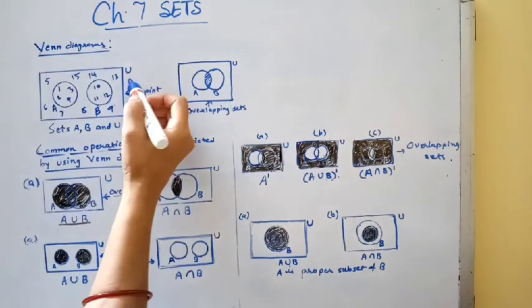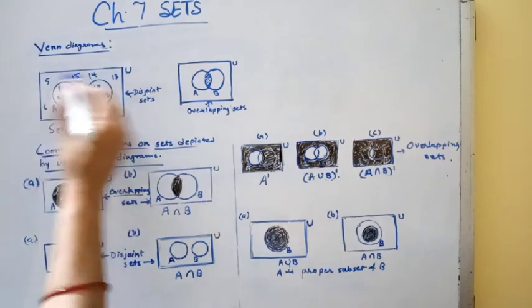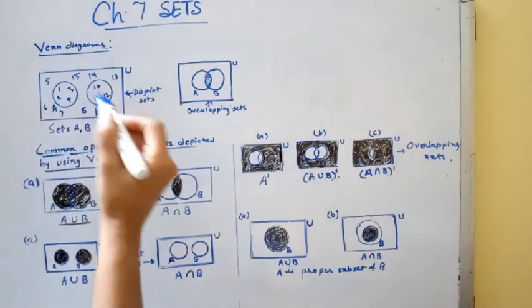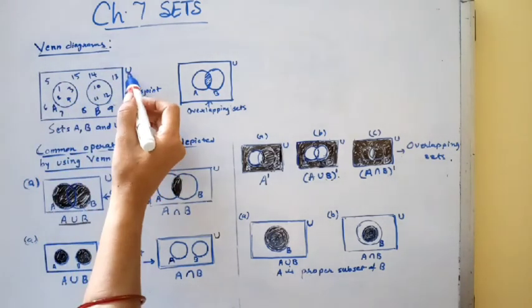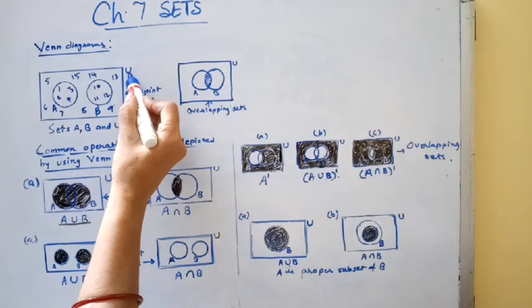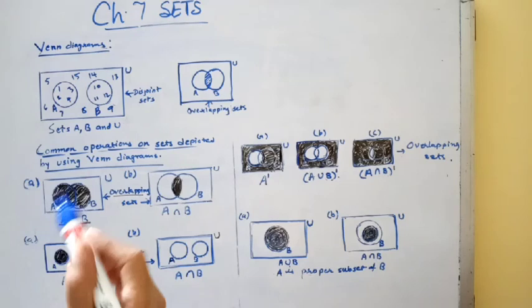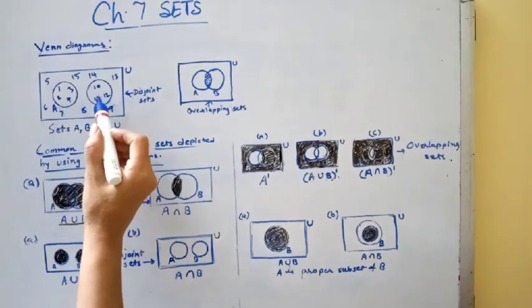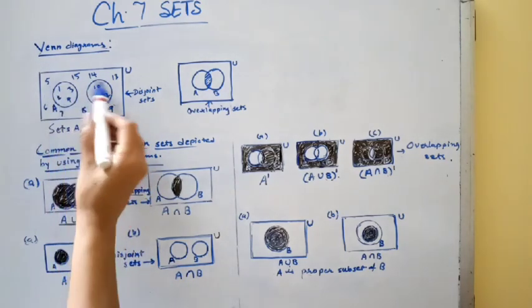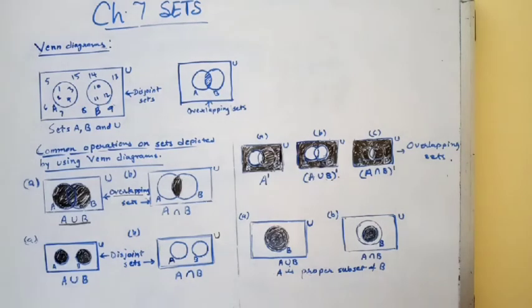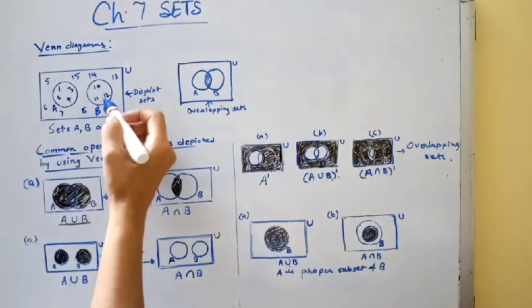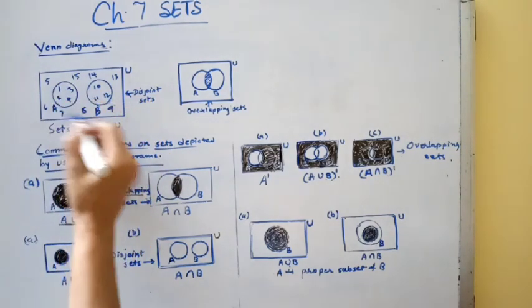The universal set U is represented by the rectangle, and the symbol U is written at the top right corner outside the rectangle. The individual sets are represented by circles or ovals, and their names are written just outside the boundaries of the circle.